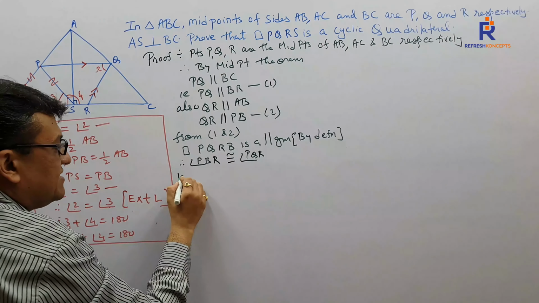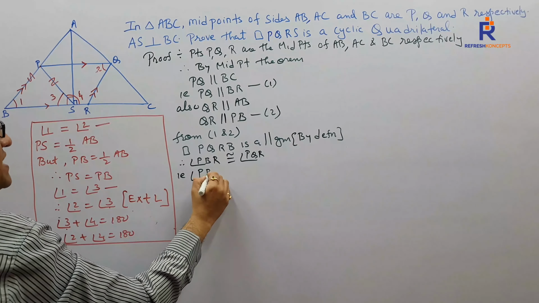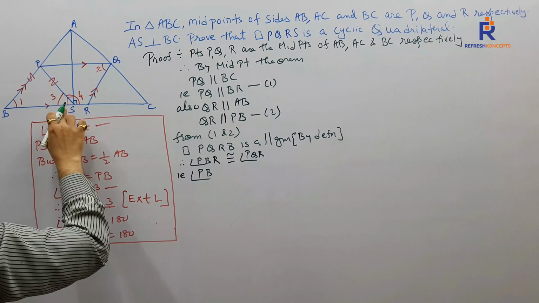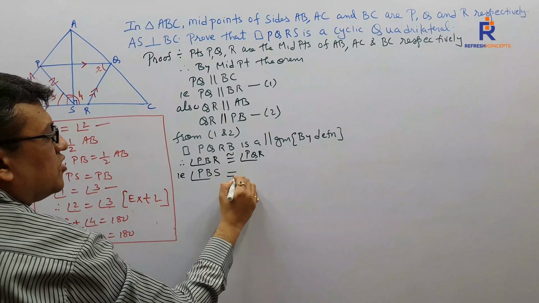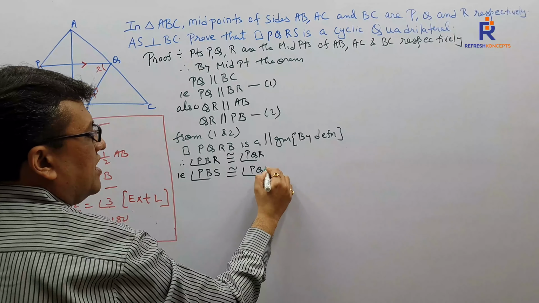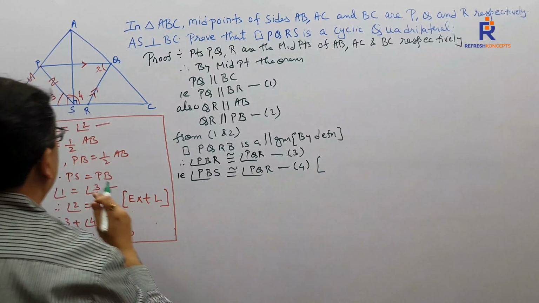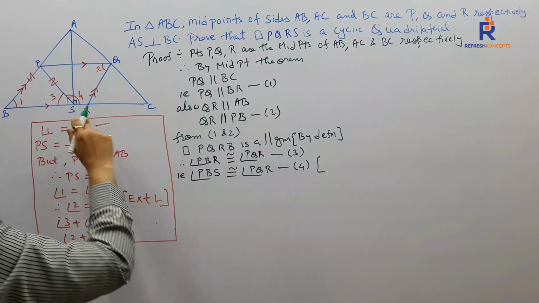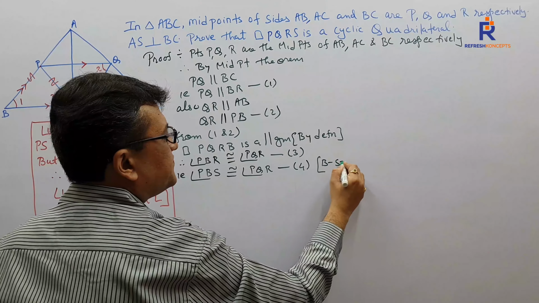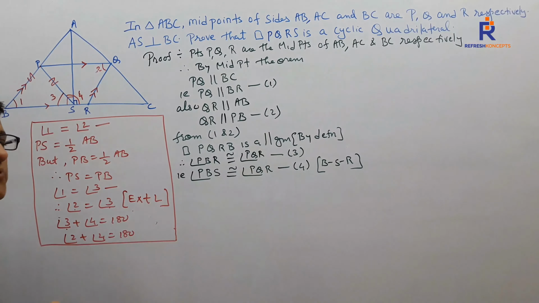So I'll write down that is PBR, and we'll restrict with S, congruent to PQR. And we shall give each one as an equation. And over here, we shall just write down the collinearity, B, S, R. Any problem, children? We move on now with the next one.